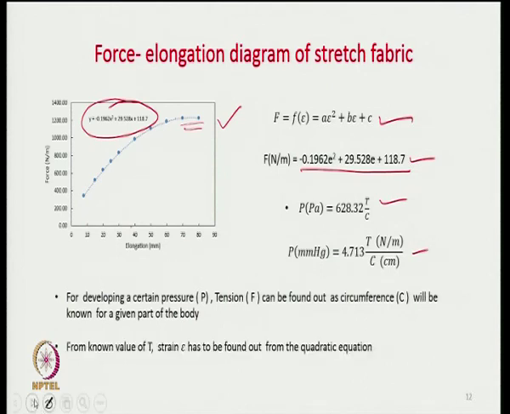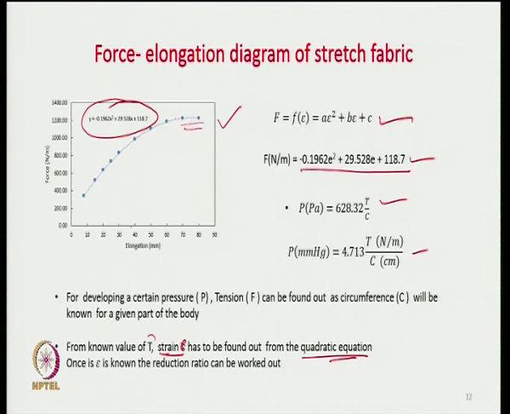Now, from the known value of the tension, the elongation e has to be found out from the quadratic equation. Tension in the fabric is equivalent to the force that develops in the fabric.